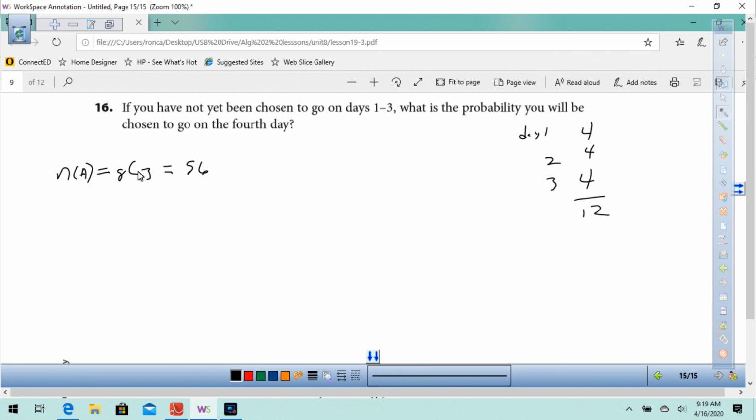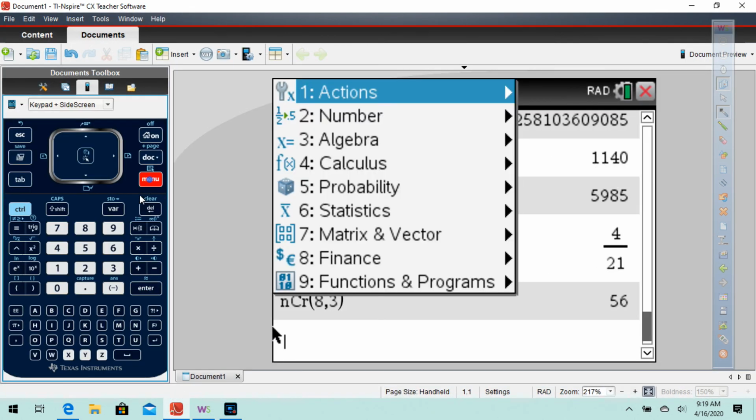56. Okay, and that's 3 of the 8, or 3 of the people going with you, because remember you're the 4th. And then the sample space is going to be 9 choose 4, and that includes you.